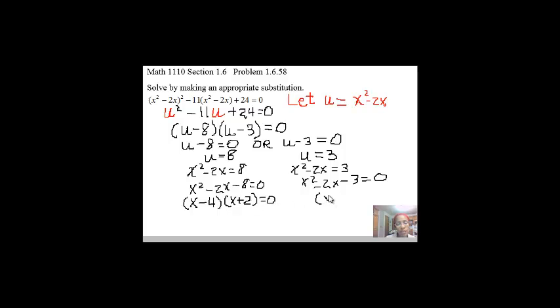And this factors into x minus 3 times x plus 1 equals 0. So either x minus 4 is 0, or x plus 2 is 0, or x minus 3 is 0, or x plus 1 is 0.